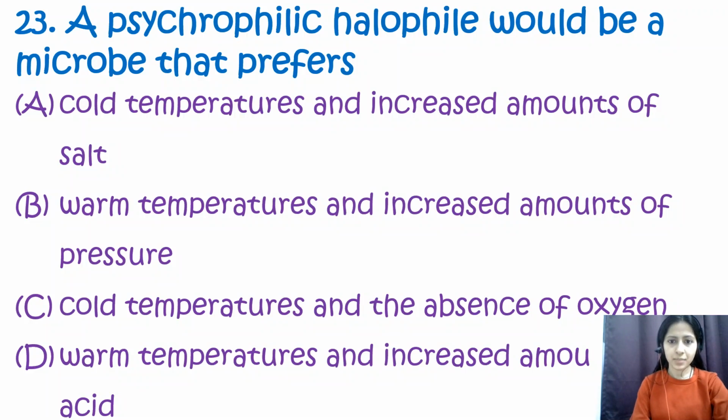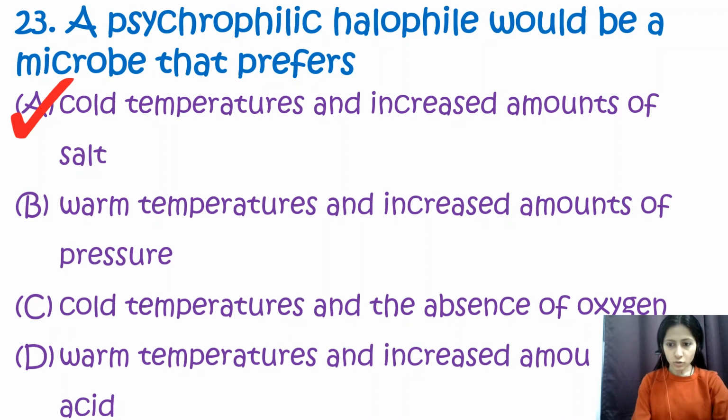And halophile, halo means salt concentration and phile means loving. So the microorganisms which prefer to be in a cold temperature as well as in a higher salt concentration environment. So here the correct option will be option number A, that is cold temperature and increased amount of salt.